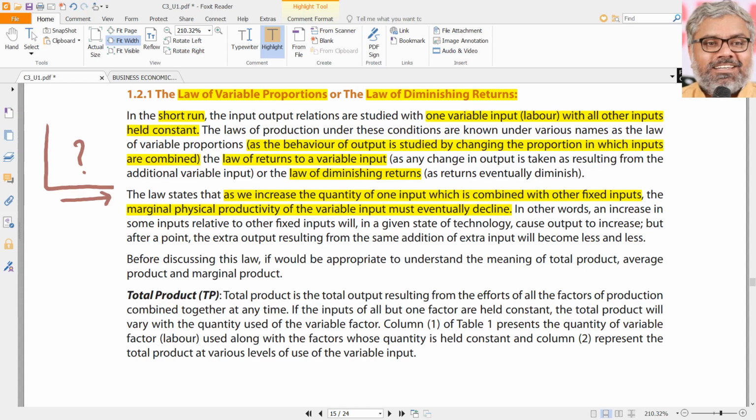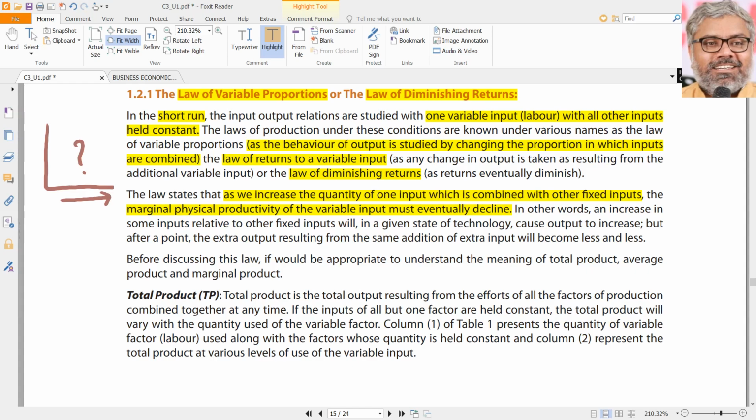More or less logically speaking, it is a law of diminishing marginal utility type, but not really the same. Why? Because there we were talking about the consumer, here we are talking about the producer. That is the first point. Second point, in the case of the law of diminishing marginal utility, the diminishing starts right away. Straight away it will start. But here it will not start straight away.